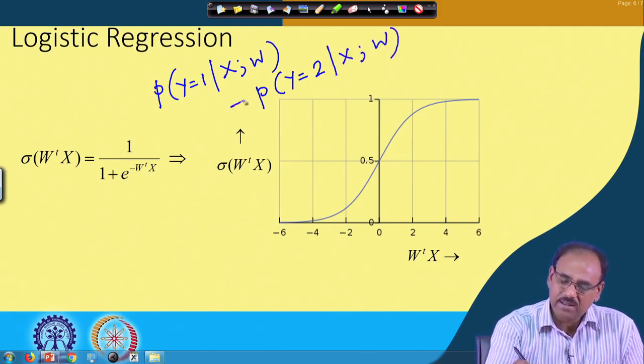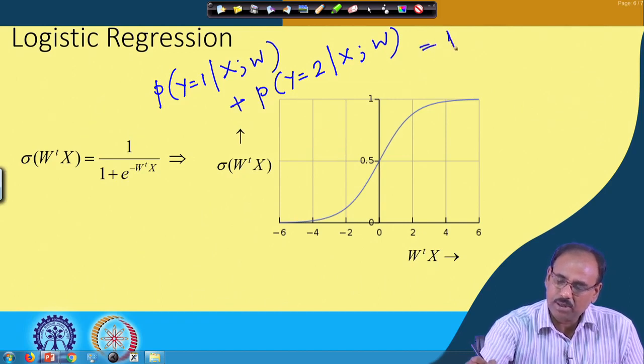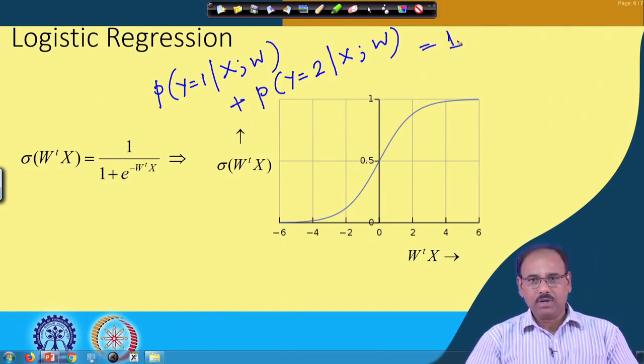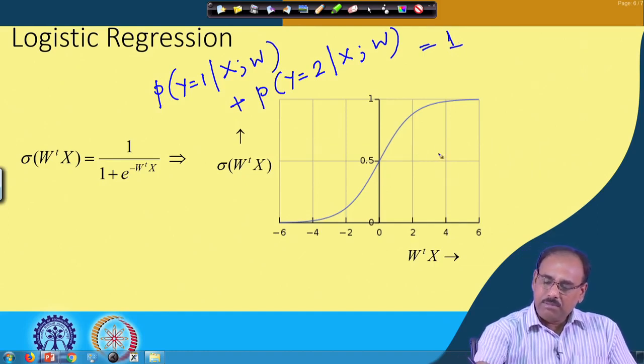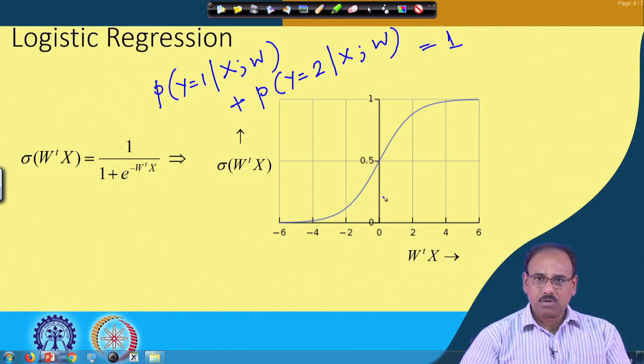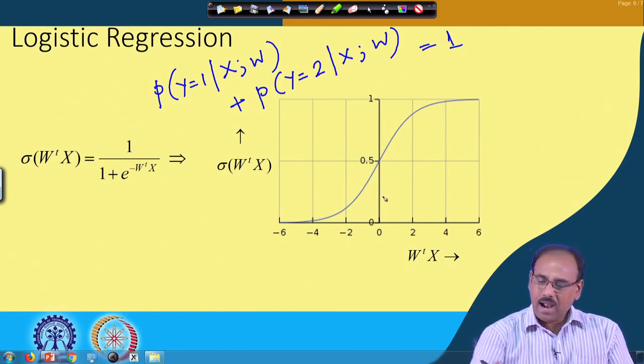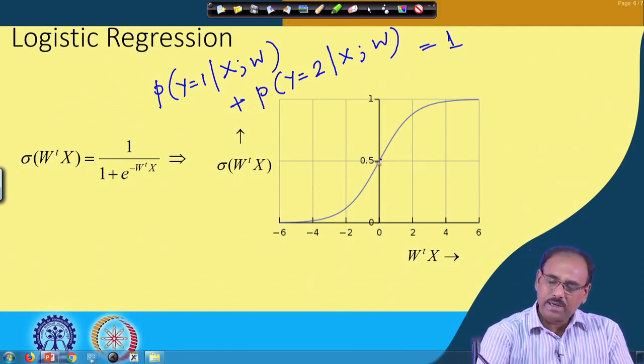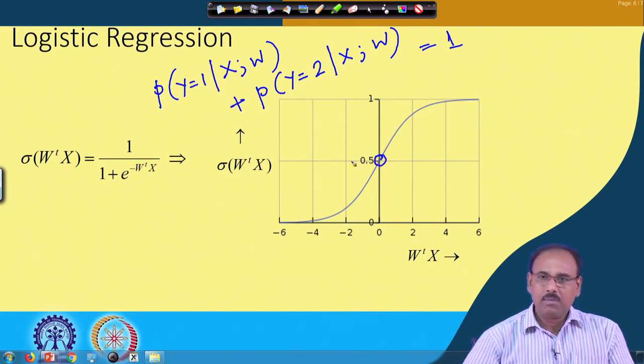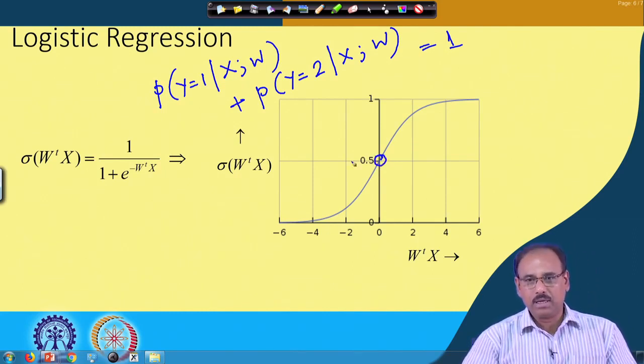If I add these two, that should be equal to 1, because I am considering only two classes, omega 1 and omega 2. So, as the probability of belonging to class omega 1 becomes high, the probability of belonging to class omega 2 becomes lower. And this is the point when both of them are equal, that is, the probability of belongingness to both the classes is half to omega 1 as well as half to omega 2.